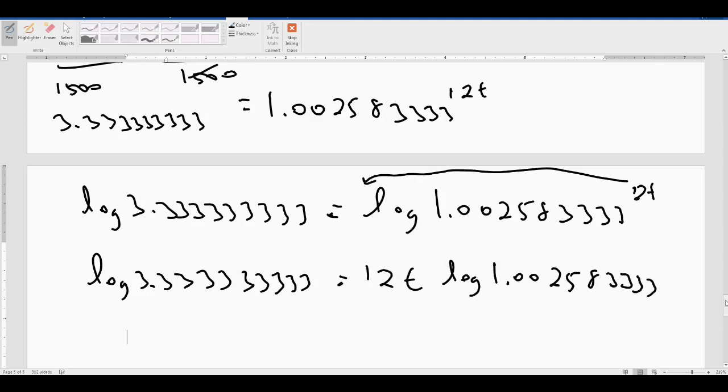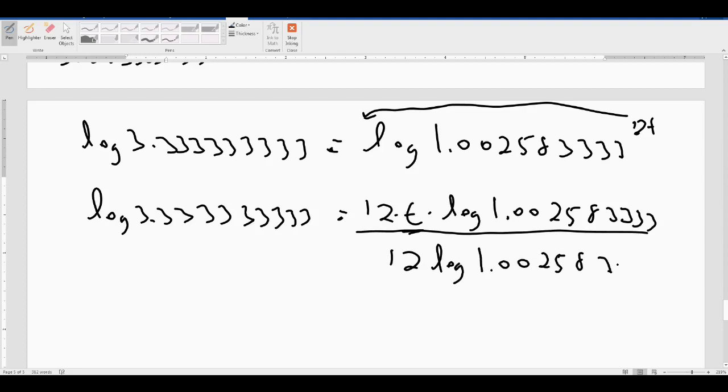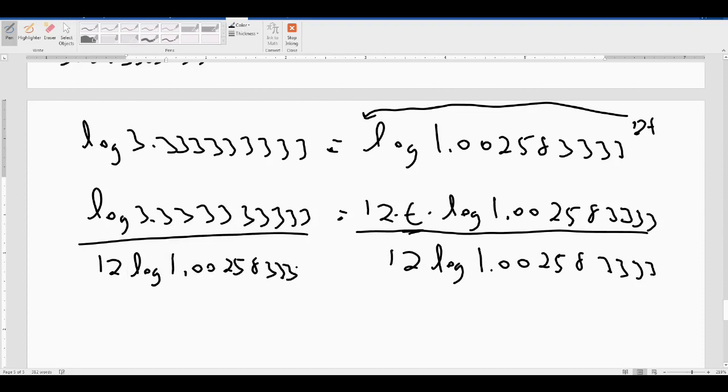Remember what we're trying to do, we're trying to get the t by itself. Since this is all multiplication, I'm going to divide both sides by anything that's not t, which is 12 log of that ugly number. Those will cancel and that will cancel, leaving just a t.